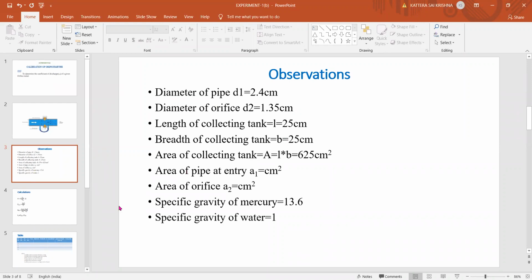Write down all these observations. We need to know this for the calculation part. If you have finished writing, please inform me. We go for the next slide.